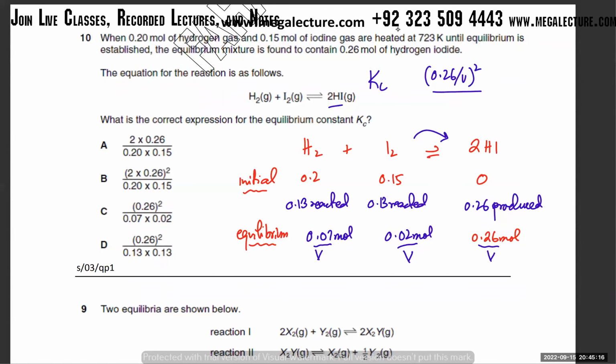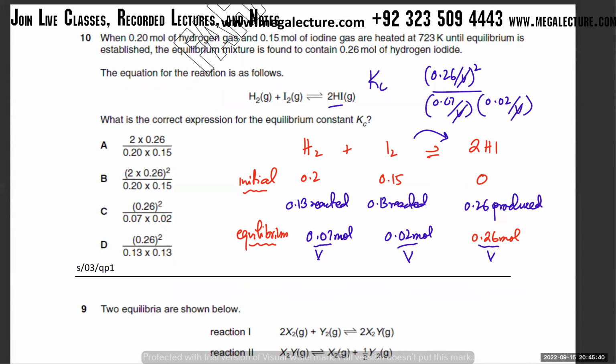And then divide by 0.07 divided by V, and 0.02 divided by V, right? Will the V get cancelled out? Yes sir, because on top you have V squared and on the bottom you also have V squared, so the V gets cancelled out.